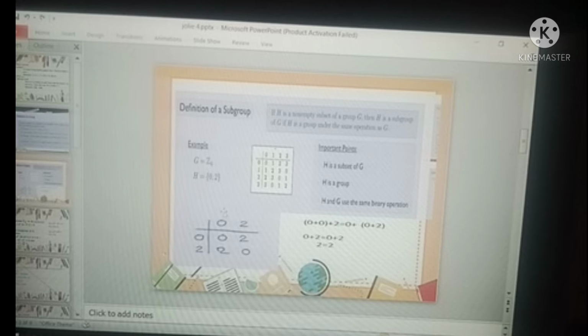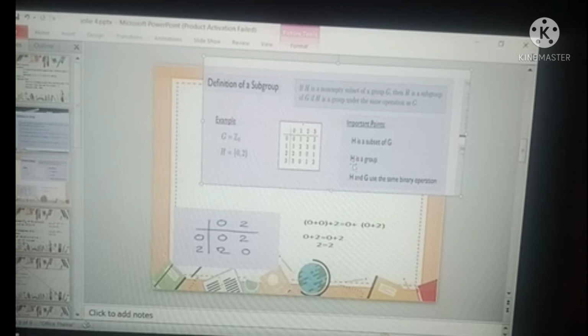So we have the subgroup H containing the elements 0 and 2. A subgroup is a subset. The first important point is satisfied: H is a subset of Z. H, containing 0 and 2, is a subset of 0, 1, 2, 3. So check. Okay.